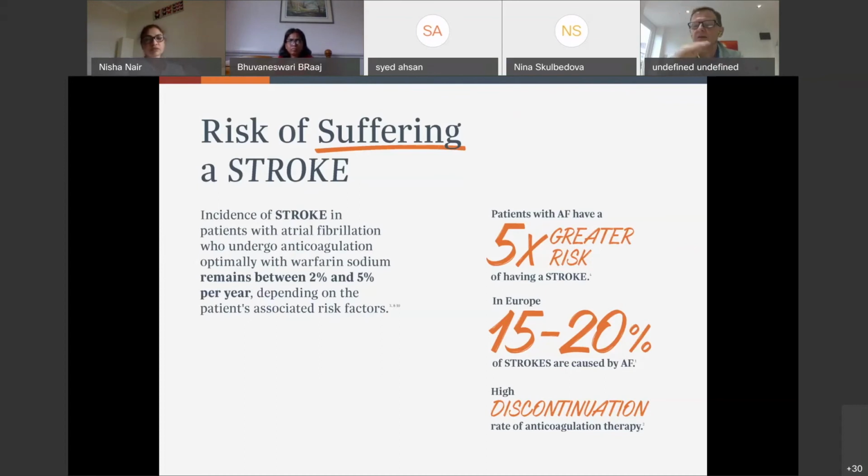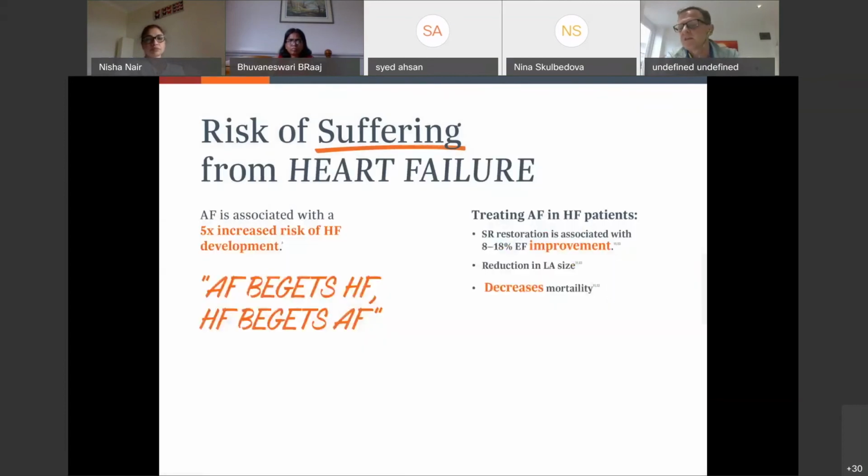As they get older, of course, that risk of stroke increases as well. But there's also a significant risk, and we'll look at the data in a minute, of developing heart failure. The phrase used to be AF begets AF, but actually AF begets HF, and HF begets AF. You'll find that a lot of patients who have been in AF for some protracted period of time will go on to develop heart failure.